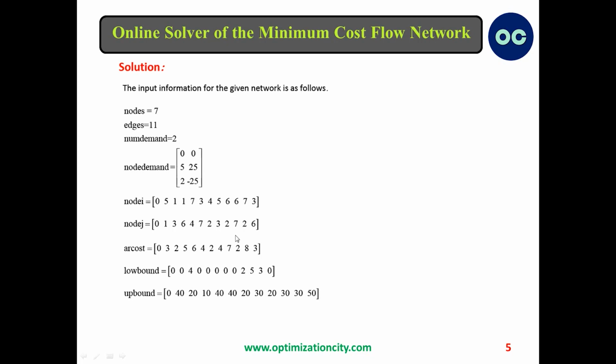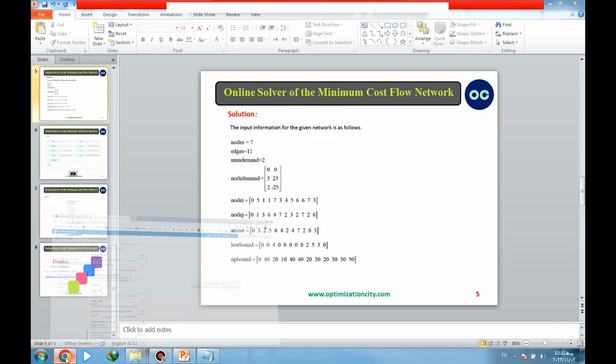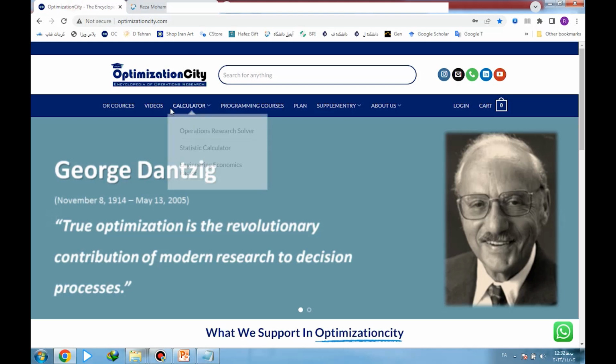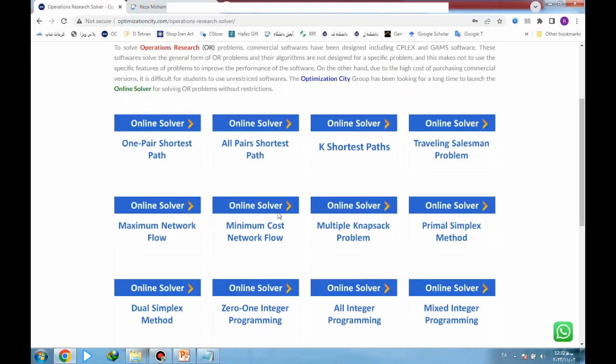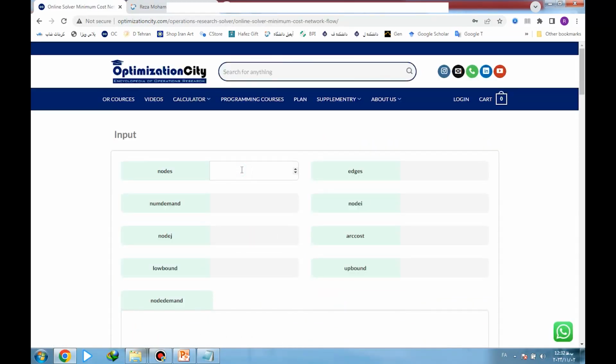So let's go to the website. This is the website, online operation research solver, minimum cost network flow. Nodes is 7. Number of arcs or edges is 11. Num demand is 2.